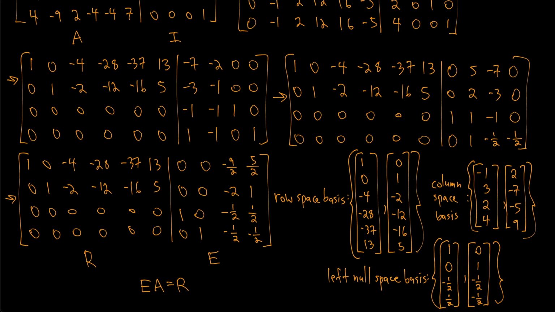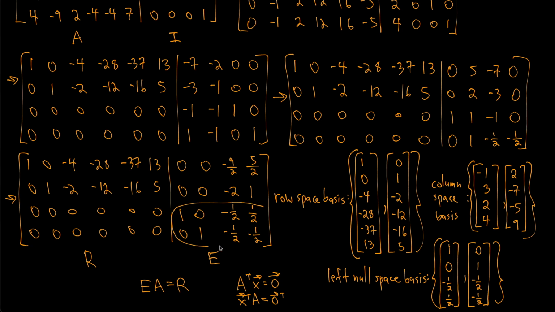So remember that the null space of A transpose is what we get from A transpose x equals 0. It's all the solutions that make that true, which is the same thing as saying x transpose A equals 0 transpose. So we're looking really for when E is equal to the zero rows in R.